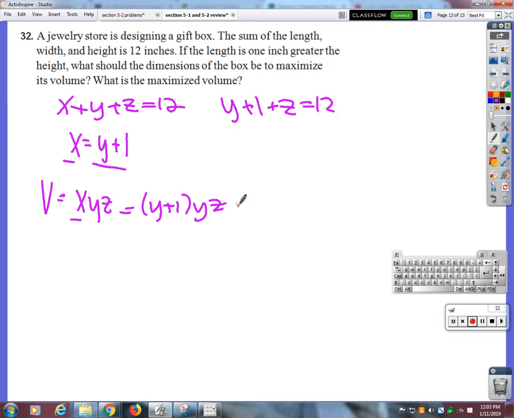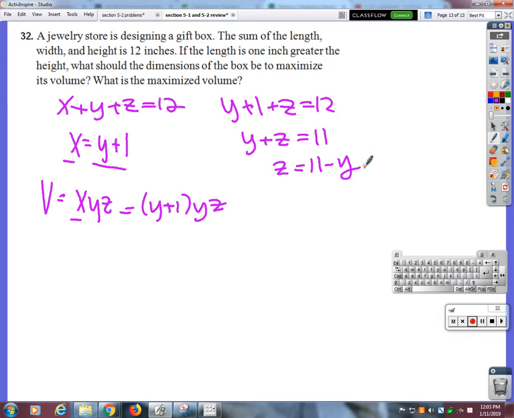Up here? What did you say? Yeah, so I'm going to take this and I'm going to start by subtracting 1 from both sides. So that tells me y plus z equals 11. Okay? Then I'm going to subtract y from both sides. So z equals 11 minus y.